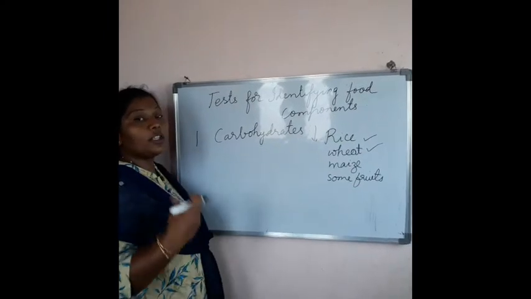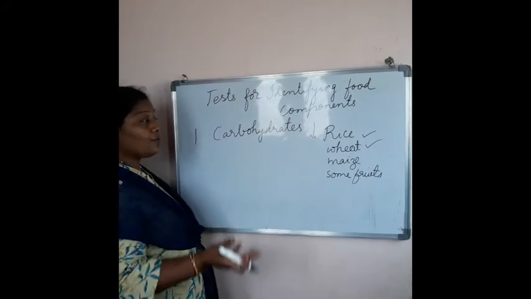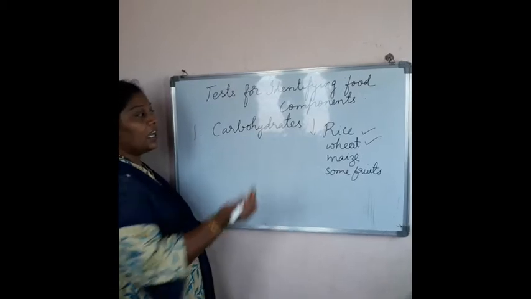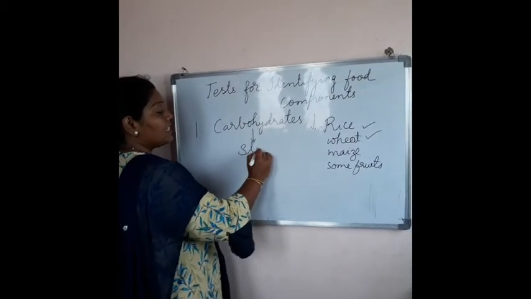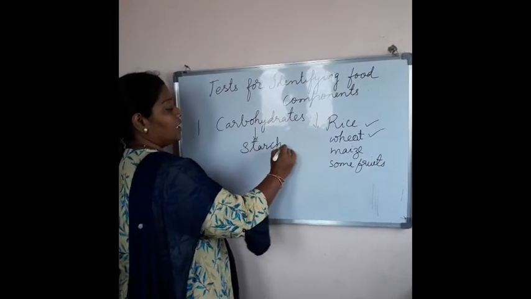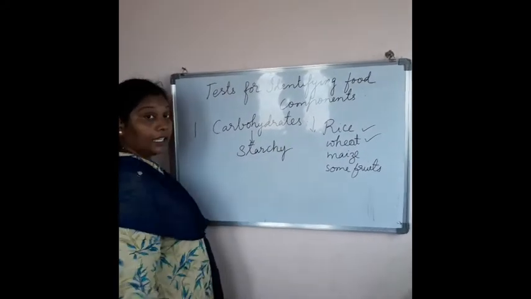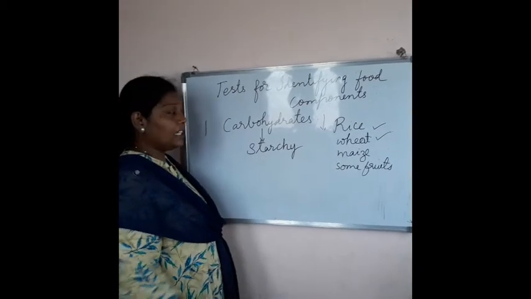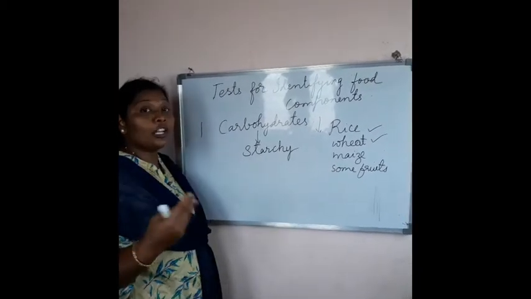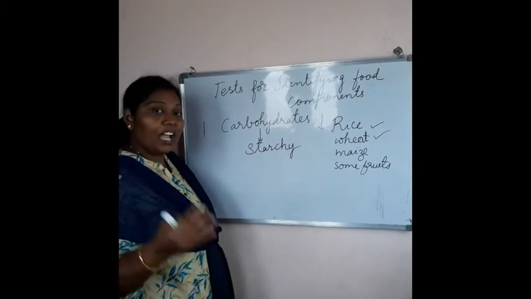Okay, how are we going to perform a test for carbohydrates? As you know, the carbohydrates are rich in starchy material. Starch is nothing but, in Telugu you call it ganji. Have you ever seen?